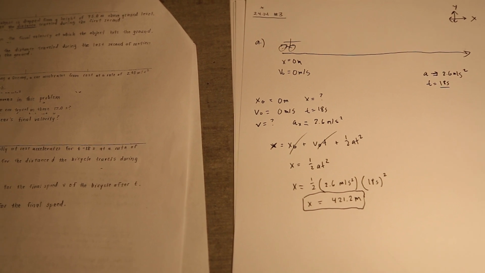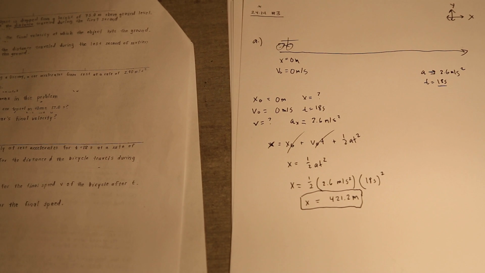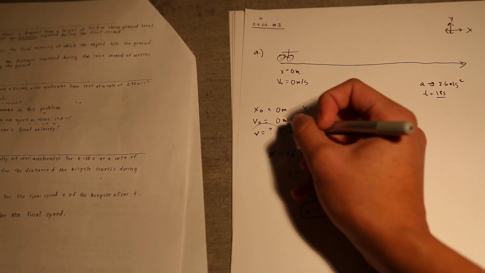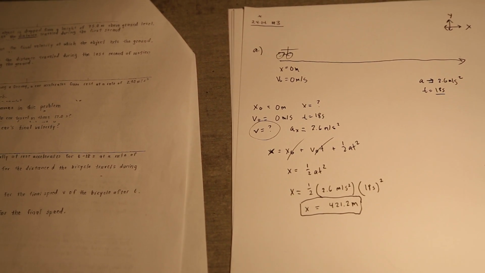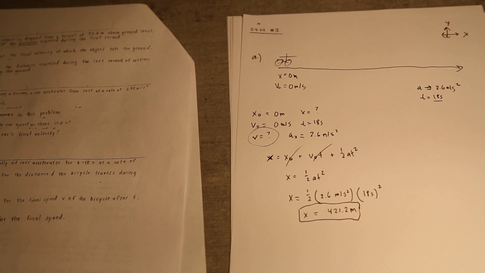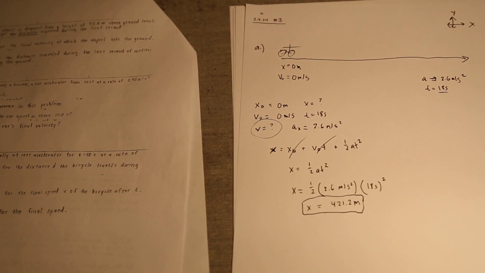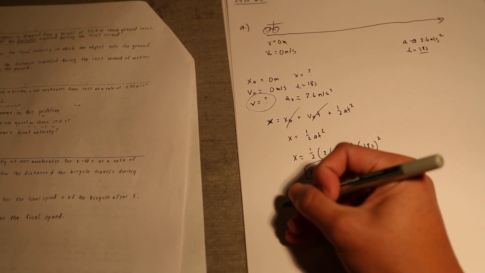Pretty simple. Alright, part B is going to ask you to find an expression for the final velocity. It's not asking you to solve numerically, but to find an expression first. So I'll put part B over here.